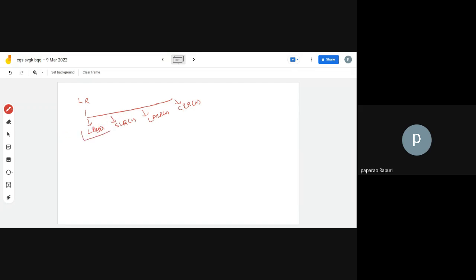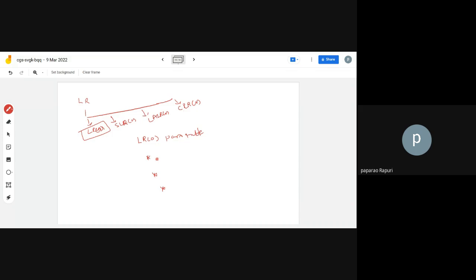Suppose you take LR0, we can construct the parse table for LR0. LR0 parse table construction. So suppose you take the LR0 parse table, we have to do 3 things.